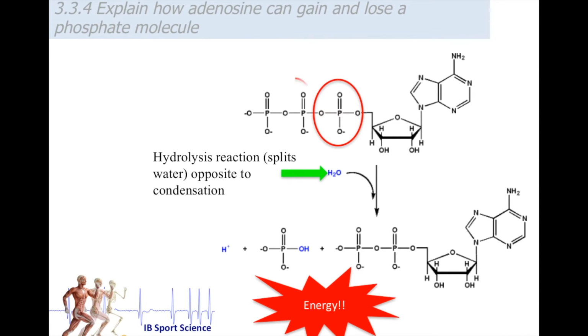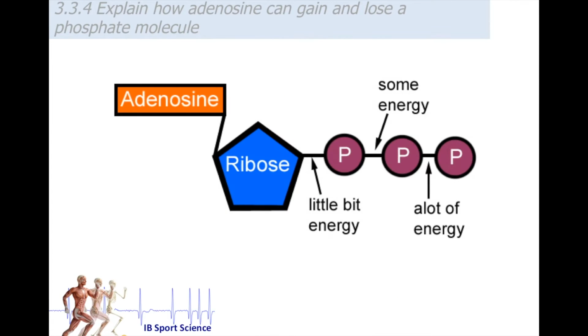So as I say, we've got our three phosphates, and we end up with our ADP, which contains two phosphates. So theoretically, we could break off more of the phosphates, but actually it's not really worth our while because there's much more energy contained in this first bond here.